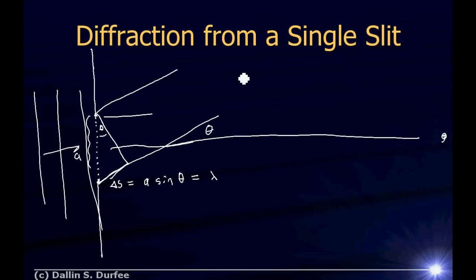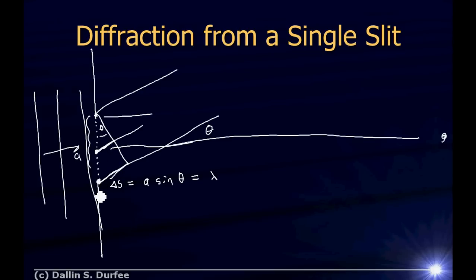Why is that? That's because I've only considered two little pieces of my infinite number of infinitesimal slits. If these two are exactly in phase when we get to our screen, then this one is going to be exactly out of phase with one right in the middle. If you look at this ray right here, this distance is going to be half a wavelength, so this will be 180 degrees out of phase with this.